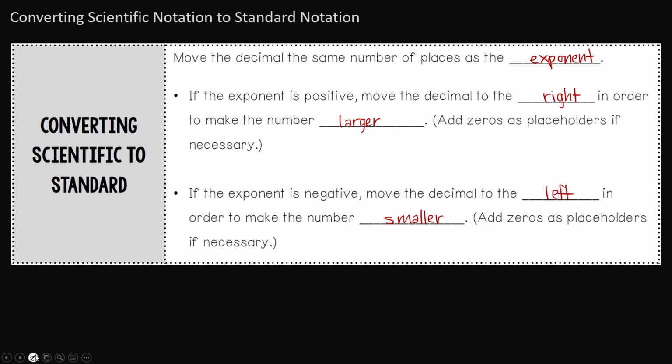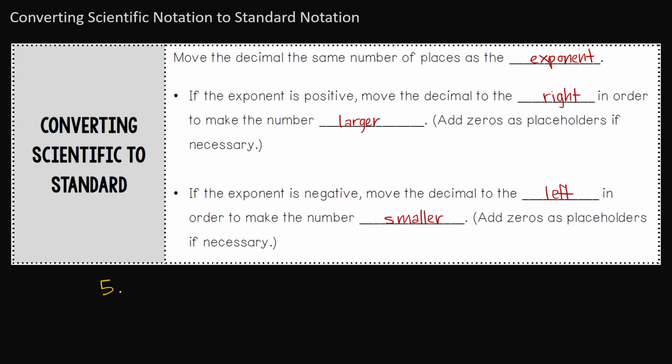So here's an example. Let's say I've got the number 0.0000531. Okay. And actually, we're going to go the opposite direction. Let's say I've got a number already in scientific notation there. Okay.